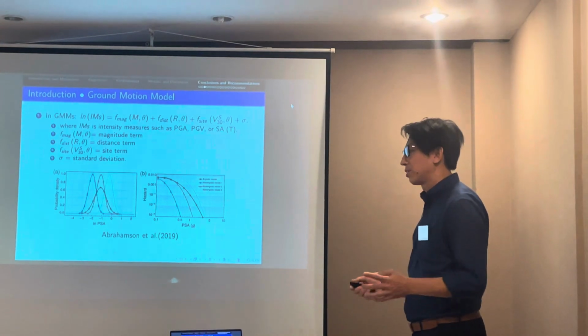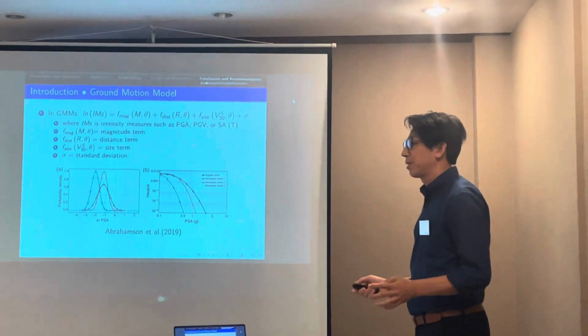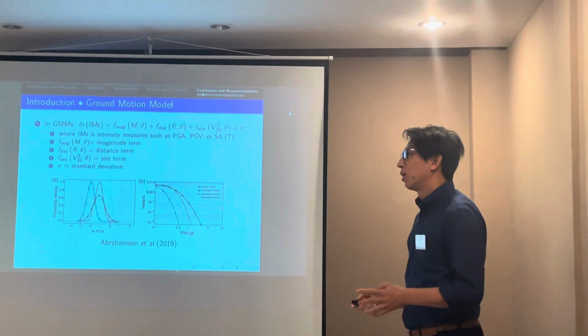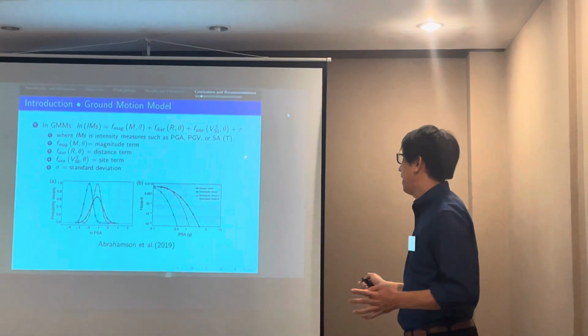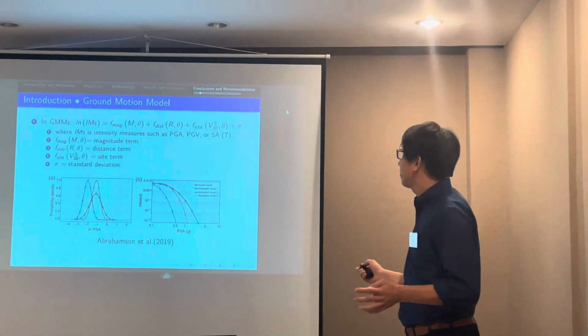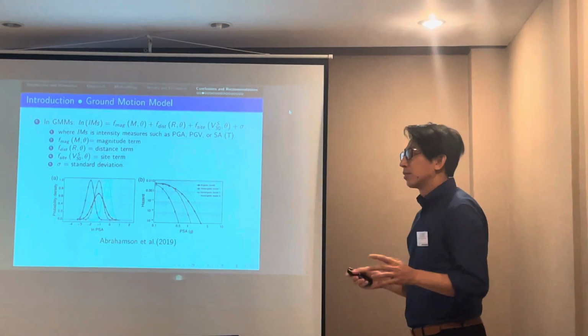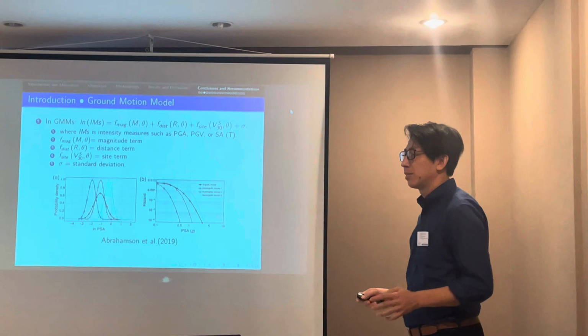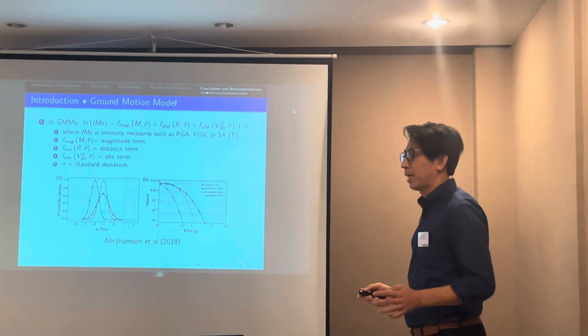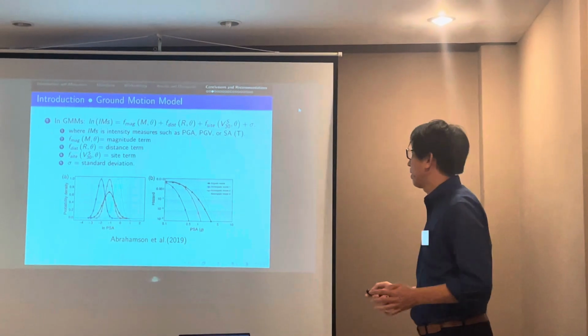Any ground motion characteristic that is not modeled by these three factors will translate into the error term, quantified by the standard deviation, which means that the smaller the standard deviation, the more reliable and accurate the ground motion model can be.